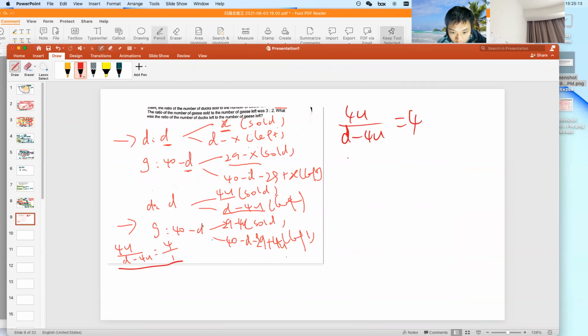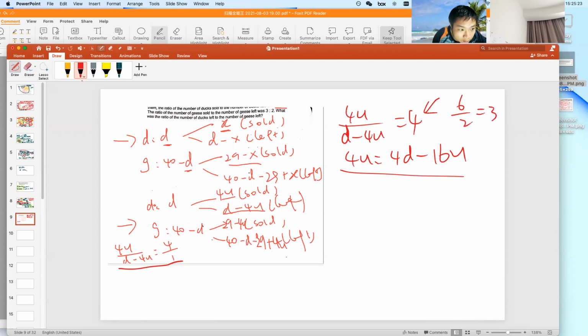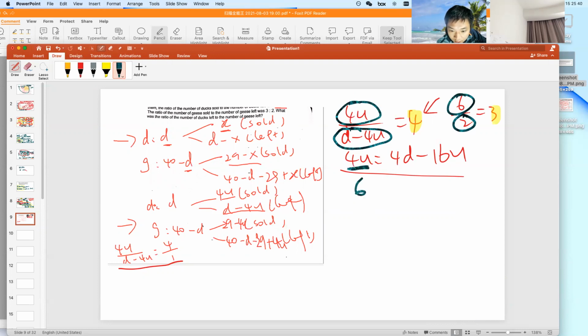And then of course, your 4U is equal to your 4D minus 16U. How do I get this? You can see this one as 6 divided by 2 is equal to 3, right? The 4 is the 3, and then this is your 2. So 4U is your 6. Okay, so therefore if you do this, 4U is your 6, right?